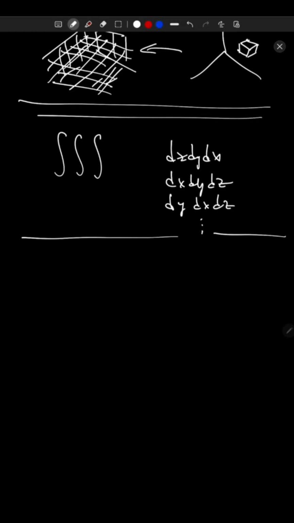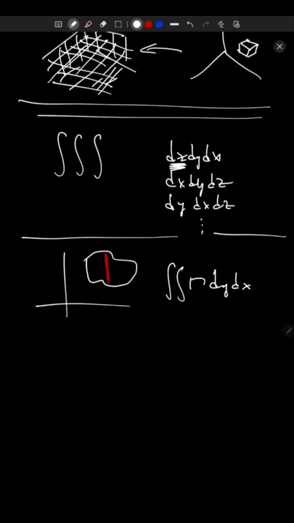So how do we actually do these? Well, if we integrate with respect to dz first, which is probably going to be our most common source of examples: in two variable calculus, when we integrated with respect to dy first, for example, over this region, we represent our dy integral as a vertical line. So this is the integral dy dx of whatever.